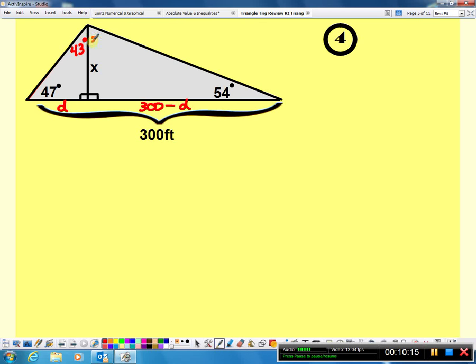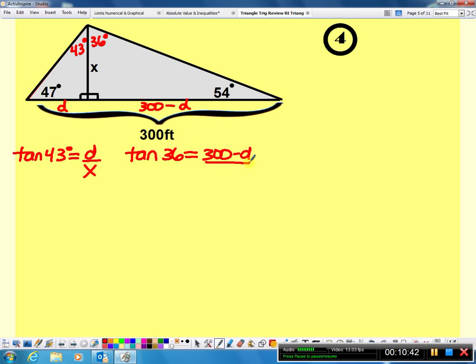I'm double checking my arithmetic right now. I think I've done those correctly. So I'm going to start out the same way and say that the tangent of 43 degrees equals d over x. Well, that's no fun because I can't solve for d or x. Let's see, in the right-hand right triangle, the tangent of 36 equals 300 minus d over x.